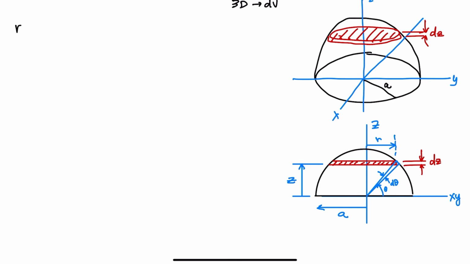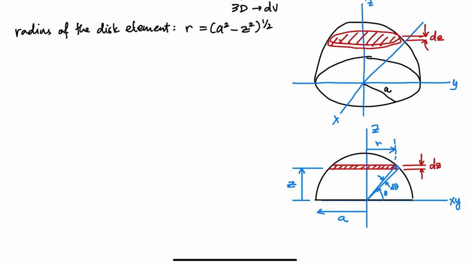The radius of the disk element, this would be r, and that is related to z and a. So remember, this is a, this is r, and this is z. By the Pythagorean theorem, r is equal to a squared minus z squared to the 1/2. And then the area of the disk element is pi r squared.